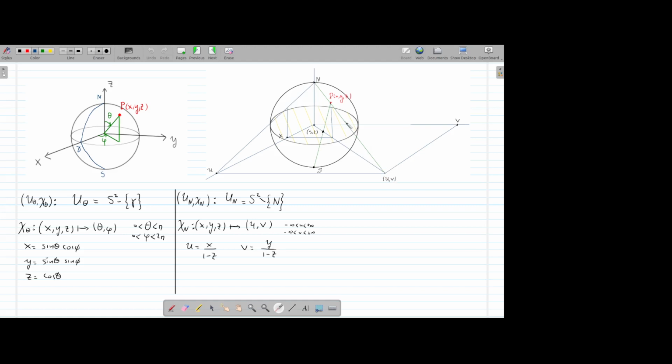So u and v are defined to be the coordinates of the point xyz in this coordinate system. And by doing a similar exercise, like in the case of the circle, you can find the relation between x, y, z and the coordinates u and v. And they're equal to this.